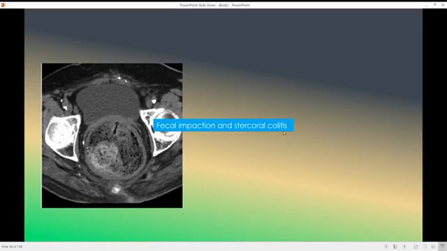It is some sort of colitis involving the rectum, and this is called stercoral colitis. Stercoral colitis. This is fecal impaction causing colitis. So this is stercoral colitis.